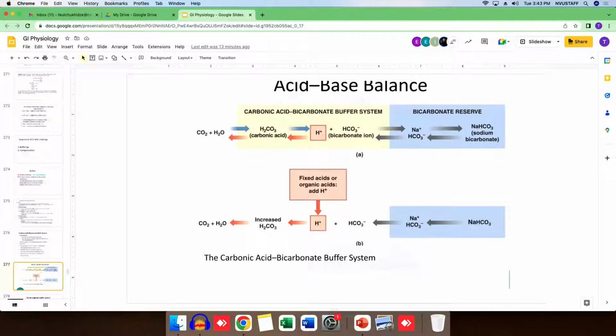And vice versa, sodium bicarbonate can again dissociate and give us CO2 and water. This is how respiratory acidosis and alkalosis happen. I guess you did it in respiration already, but we will go through it one more time.